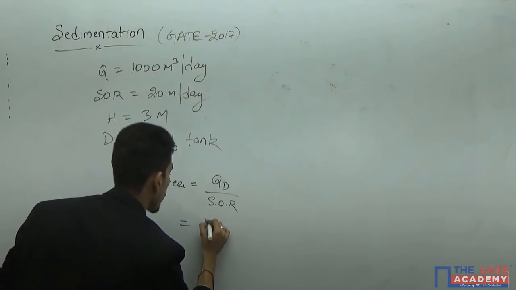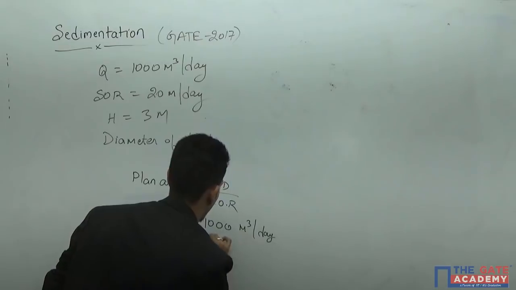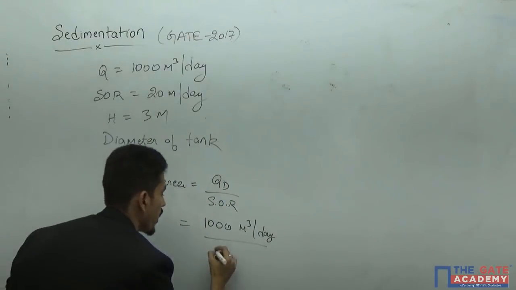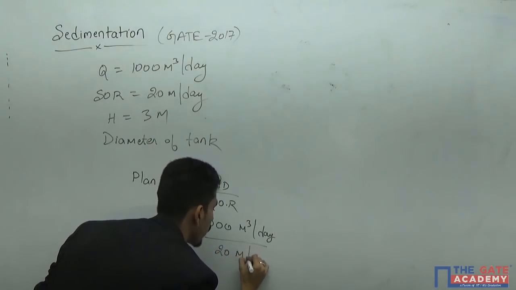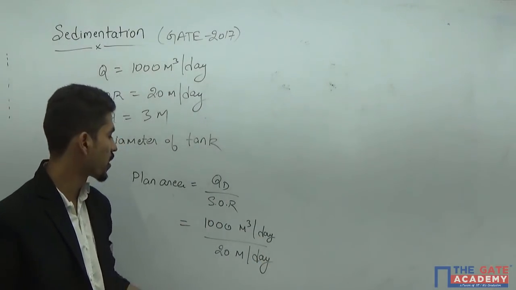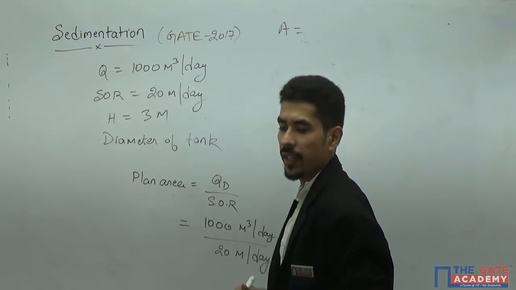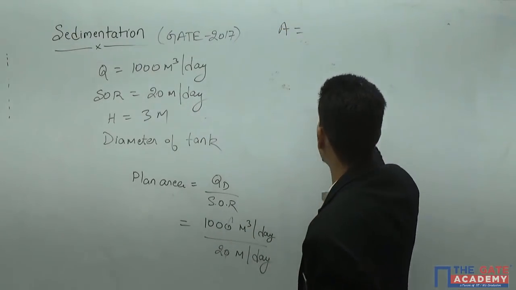QD is given as 1000 meter cubes per day, and the SOR is given as 20 meters per day. So you can directly say the area is coming out to be 50 meter square.